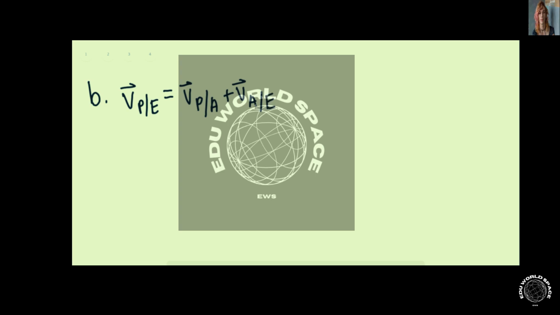The velocity of the plane relative to the air is 220 kilometers per hour. We don't know the direction yet. And the velocity of the air relative to the Earth is 40 kilometers per hour, due south.